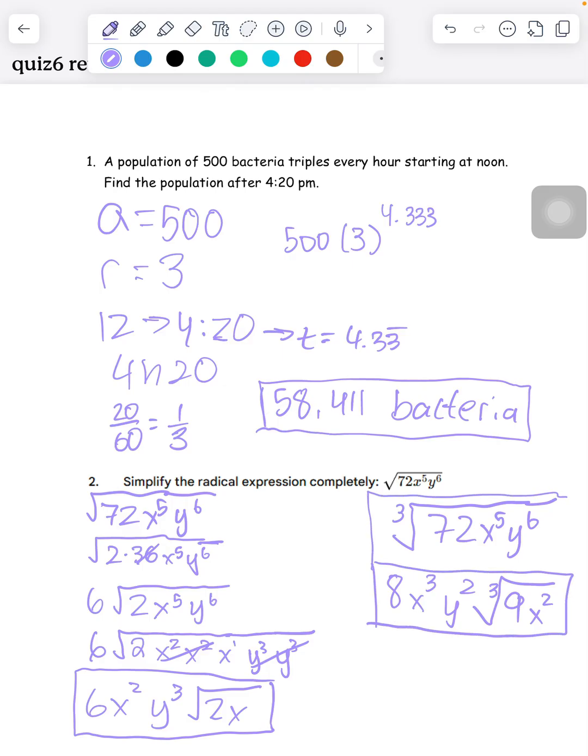So if you tried it yourself, this would be your answer in the bottom. Sorry, my mistake. This wouldn't be 8. That would be 2. All right, 2x cubed, y squared, and you'd have the cube root of 9x squared. All right, let's move on.